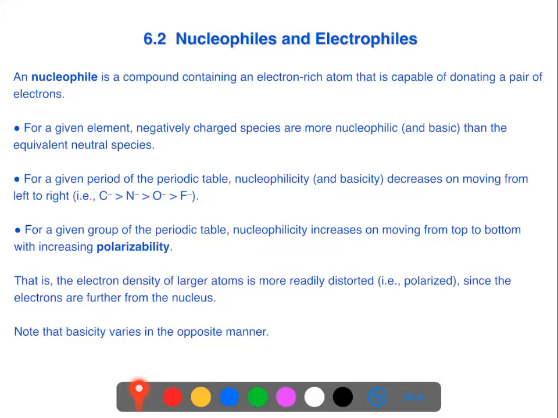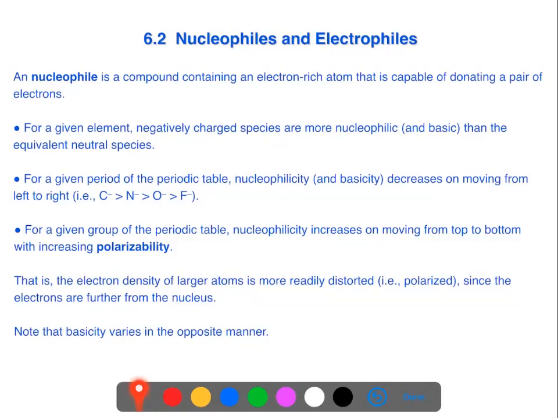So again, there are three main things that you can consider when judging the relative nucleophilicity, as well as basicity, but we'll talk about the differences between that shortly.